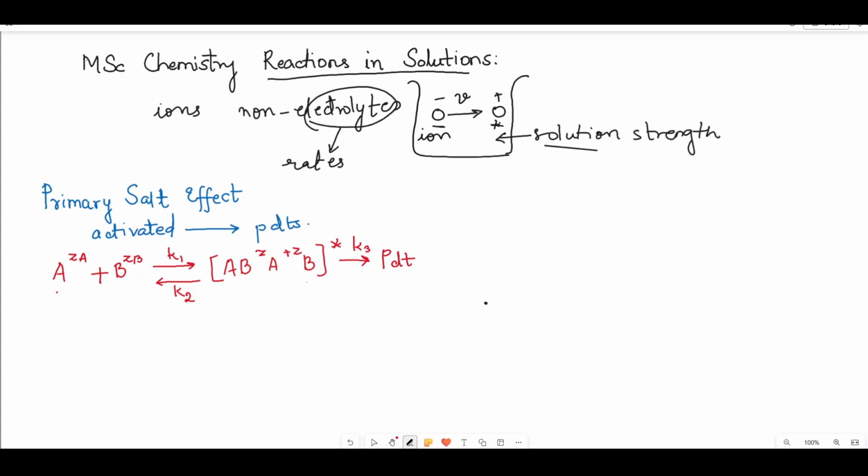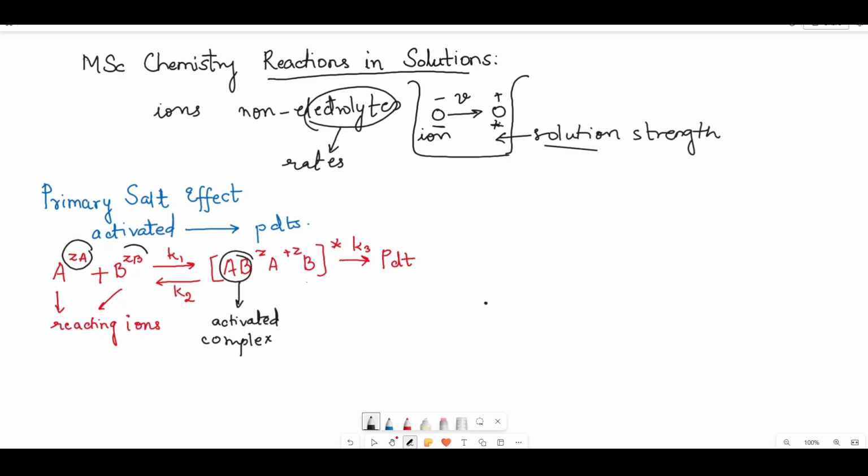Here A and B are the reacting ions. ZA, ZB, these are the charges.